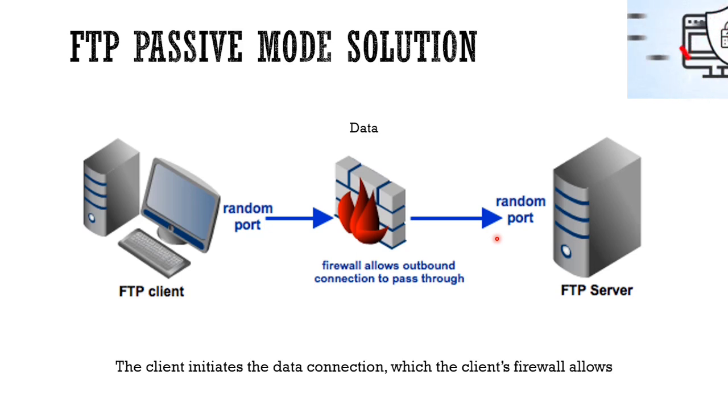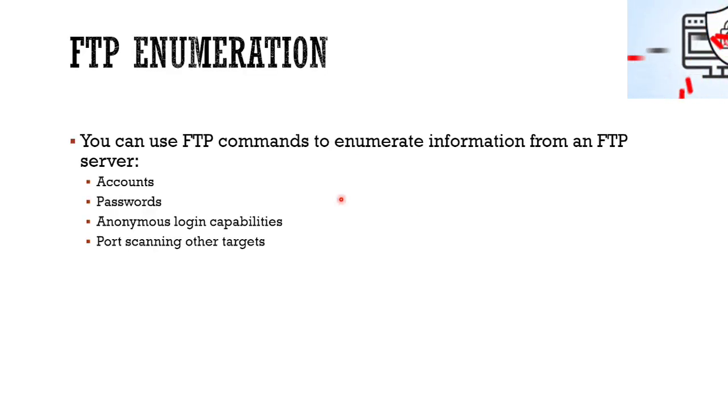So now, how do we use FTP for enumeration? Well, we do have FTP commands such as get, meaning download, put, meaning upload, but there are others that will allow you to emit information from an FTP server: accounts, passwords, whether or not we allow anonymous logons.